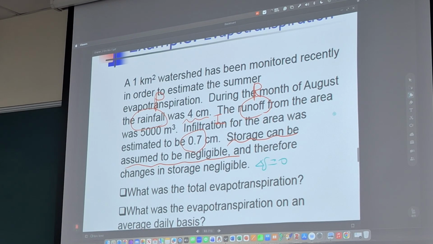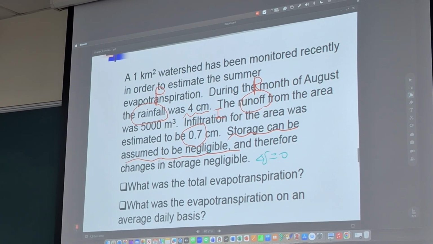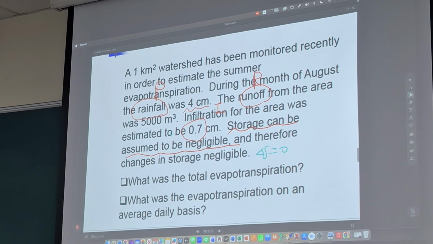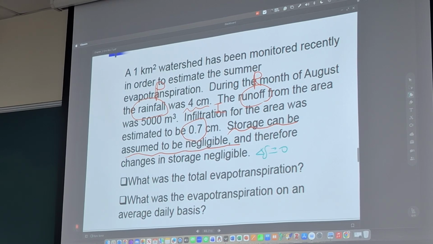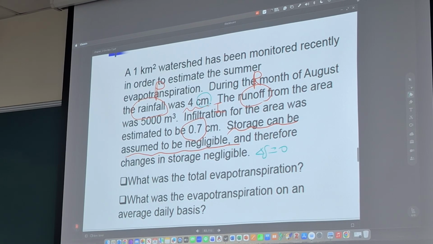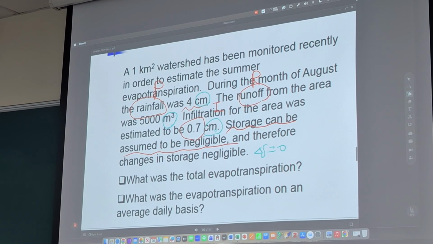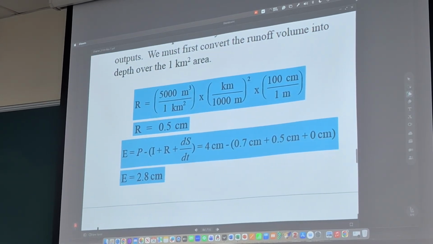Okay, let's do this question together. So let's calculate. Student, take a look. We have P, we have R, we have I. But the problem is, do you see the difference of units? This gives us centimeters, this gives us cubic meters, this gives us centimeters. So we need to make the units consistent, so we need to change R to centimeters as well.